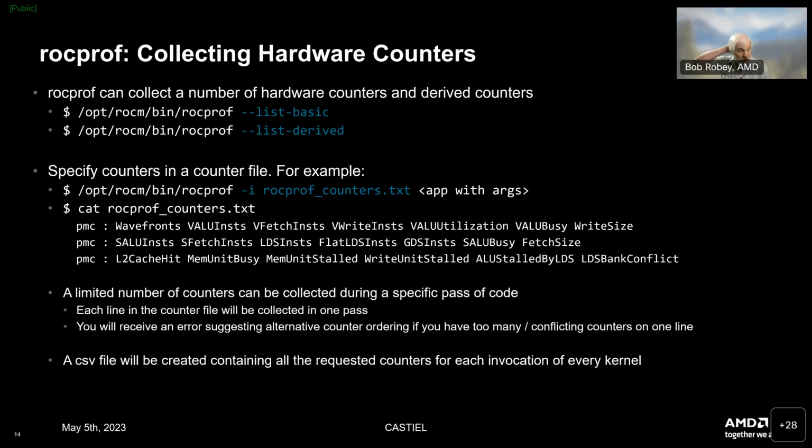Now, because it's doing multiple passes, it really only makes sense if you have the same code path every run. So if you don't have deterministic code where it always follows the same path, there are some issues in whether the data is valid or you can make sense out of it.